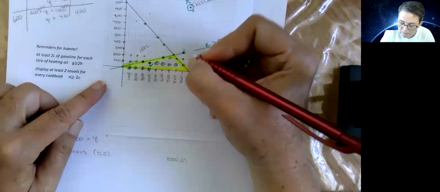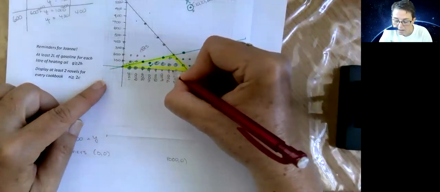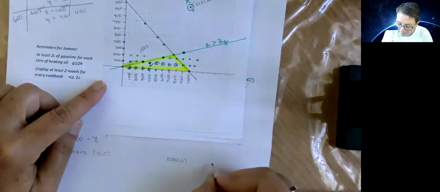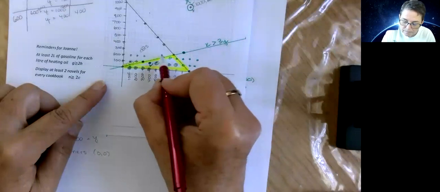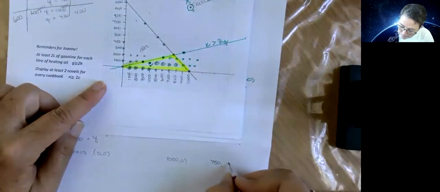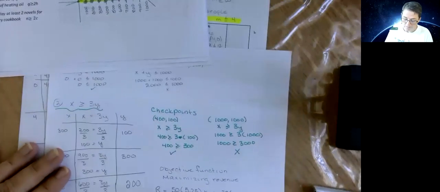And the one I'm interested in is one right up there. And that looks like, if we go up, it's going to be 750 by 250. One of these is going to give us the biggest number. And I really don't know.